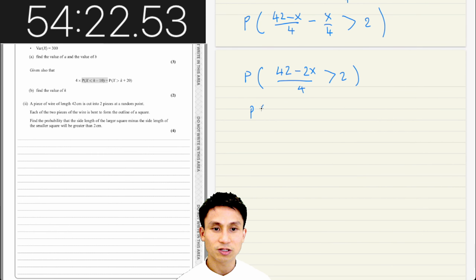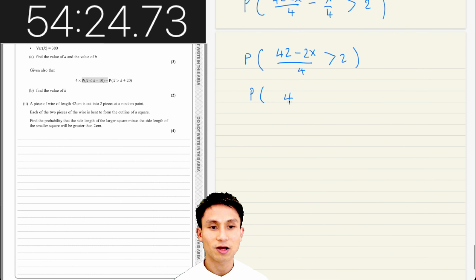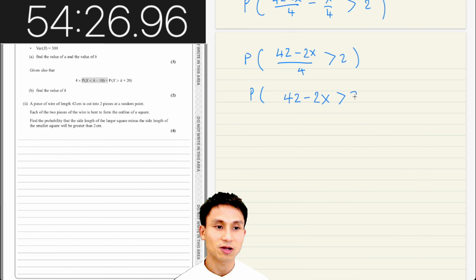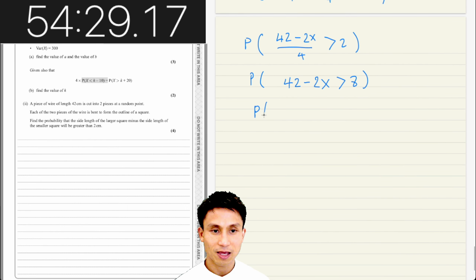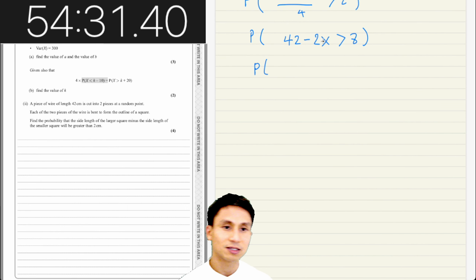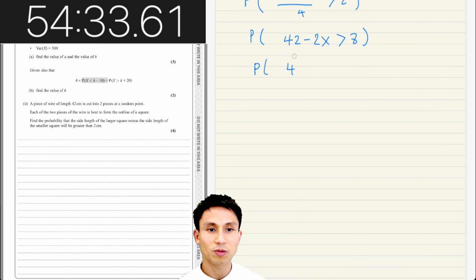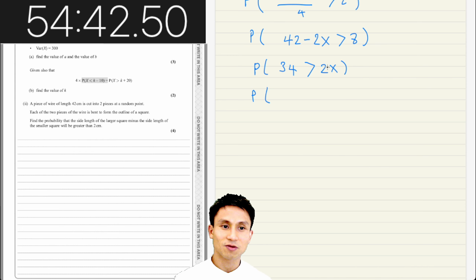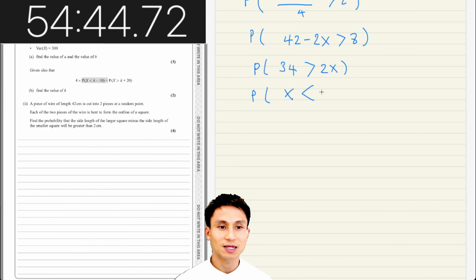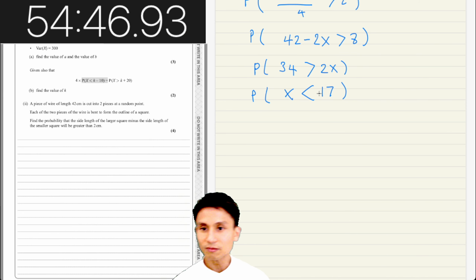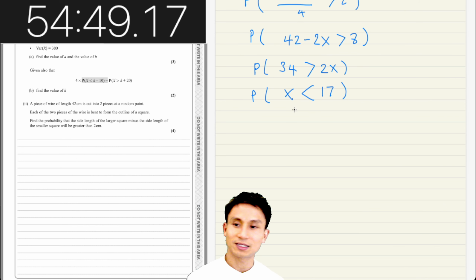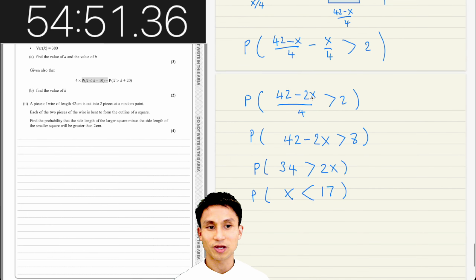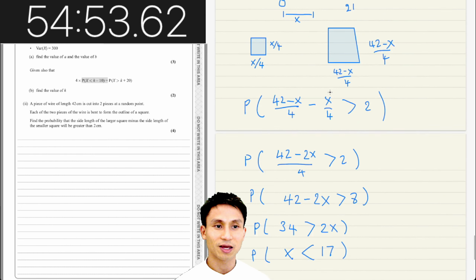Rearranging the inequality, you have 42 minus 2x greater than 8. Moving the 8 to the left, 42 minus 8 is 34 greater than 2x. Dividing both sides by 2, I have x less than 17. We want to find x less than 17, within the cut point range of 21.